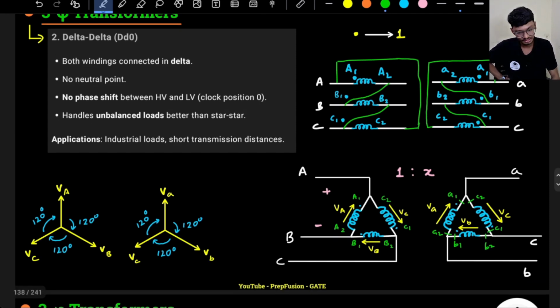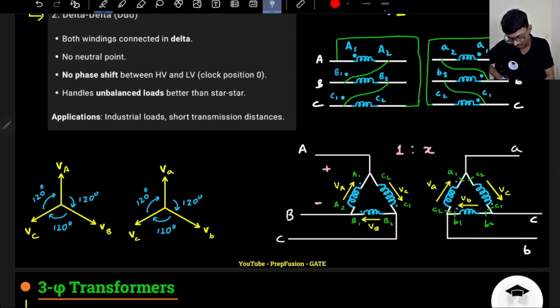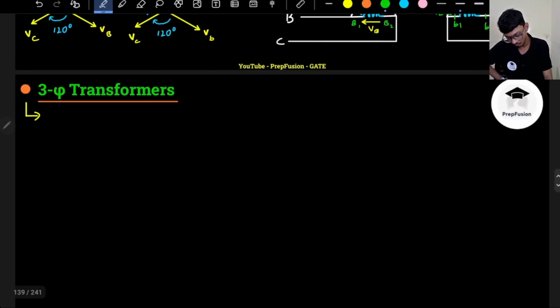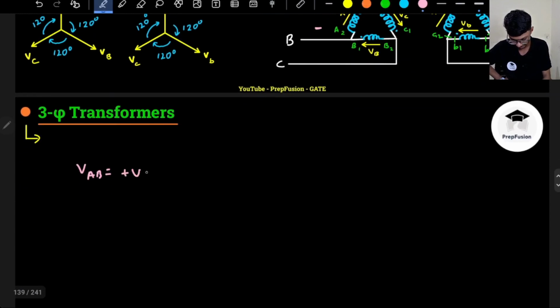Now, what are the phase differences? Phase difference is always with respect to line voltage, and remember the coil voltages will not have any phase difference, so VA will be the same as VA, VC the same as VC, the coil voltages. So if I write VAB, capital AB, it is plus minus VA, so this will be plus VA.